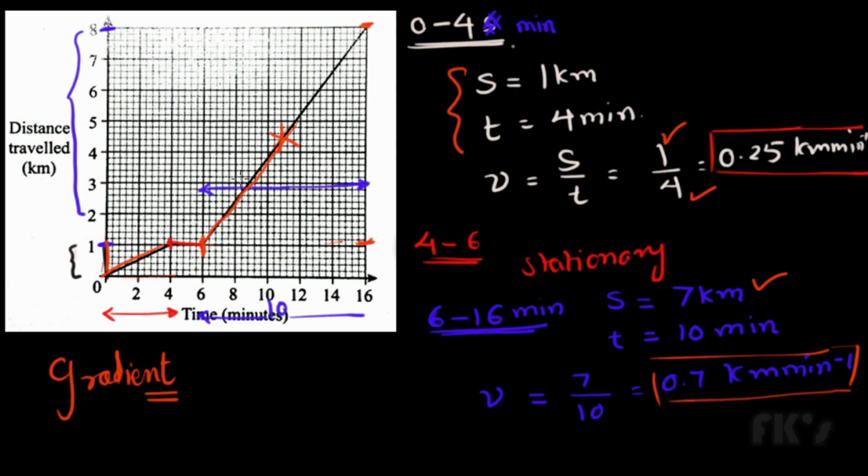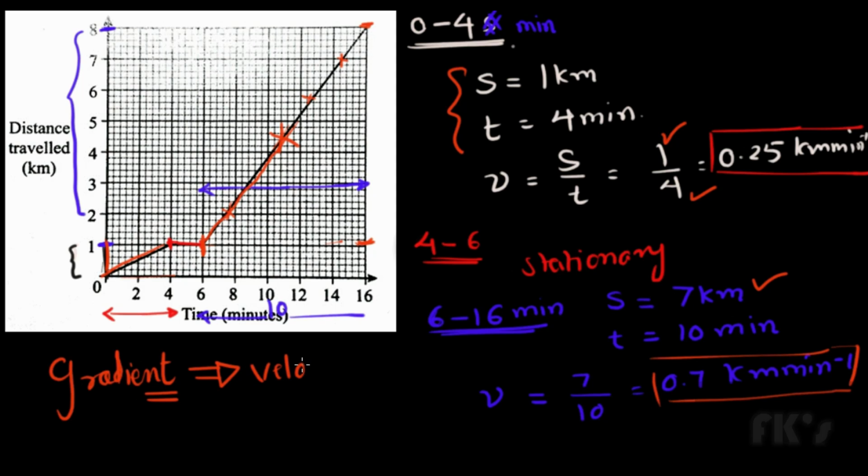If this is a straight line all the way from here to here, it will have a common gradient. So at every point on this particular line, the speed or the velocity of the object would be 0.7 kilometer per minute. So the important thing is that we can calculate the velocity from the distance-time graph by calculating the gradient of the line.